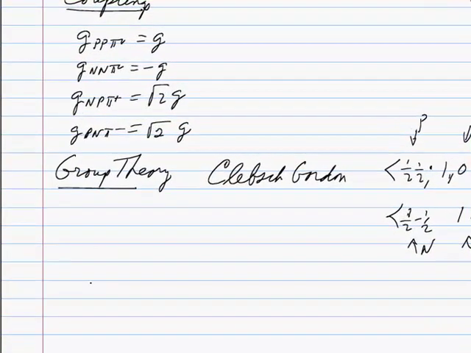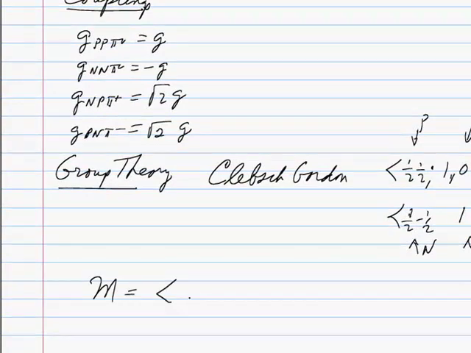Basically, some matrix element would be a reduced matrix element in the Wigner-Eckart language times the Clebsch-Gordan coefficient. That's how you'd parameterize it using group theory.